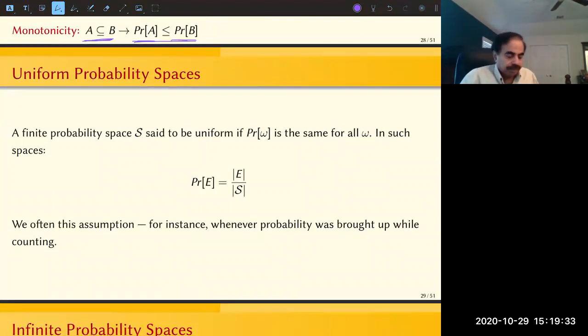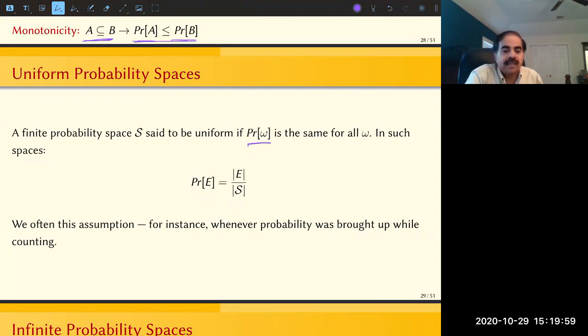So very often we work with what are called uniform probability spaces, right? And what that means is that we are going to consider all outcomes as equally likely, right? Which means that the probability of every element in the sample space is equal, right?